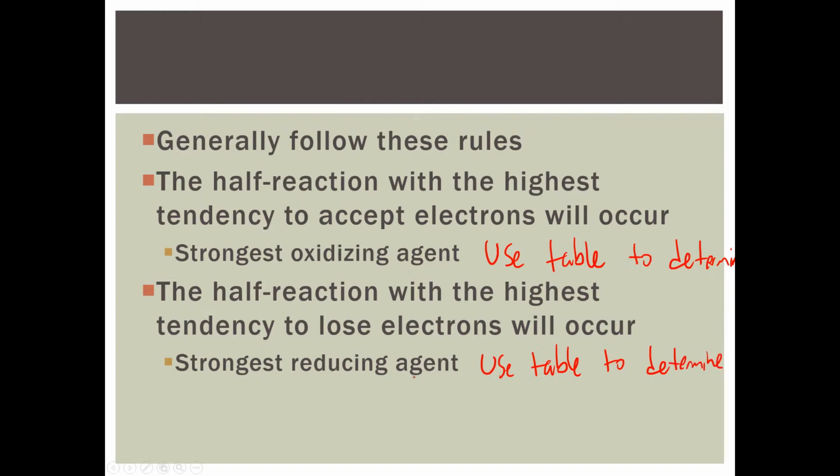If you remember from earlier in this unit, the strongest oxidizing agents tend to be on the upper left, and the strongest reducing agents tend to be on the lower right.